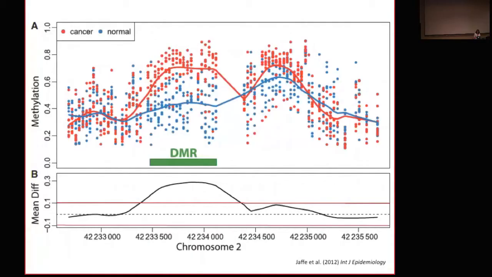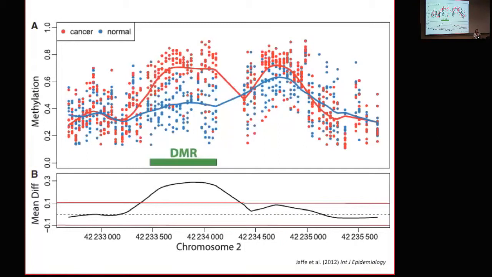Okay, so let's consider a region of the genome. This is chromosome 2. We are looking at the methylation status of many different CpGs along this chromosome 2. Each one of those columns is one CpG site, and the red and the blue dots correspond to cancer and normal samples.